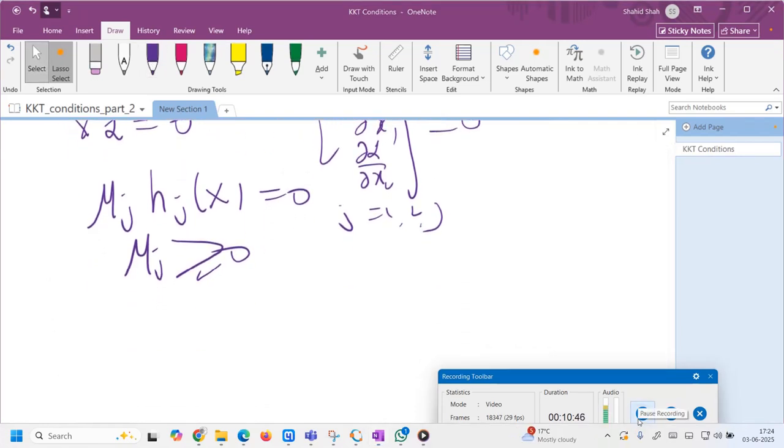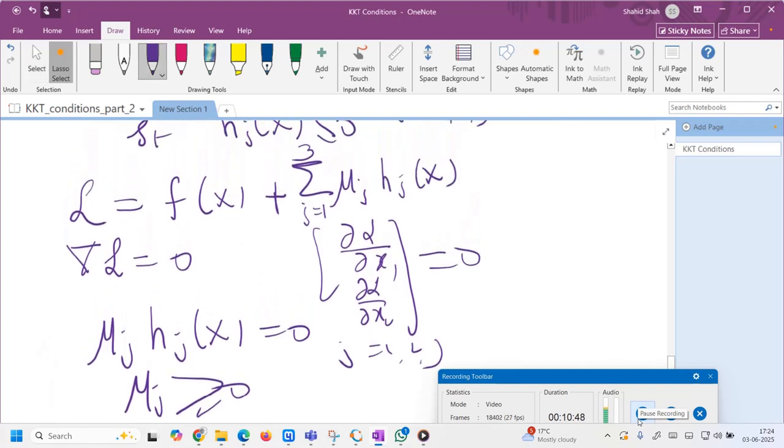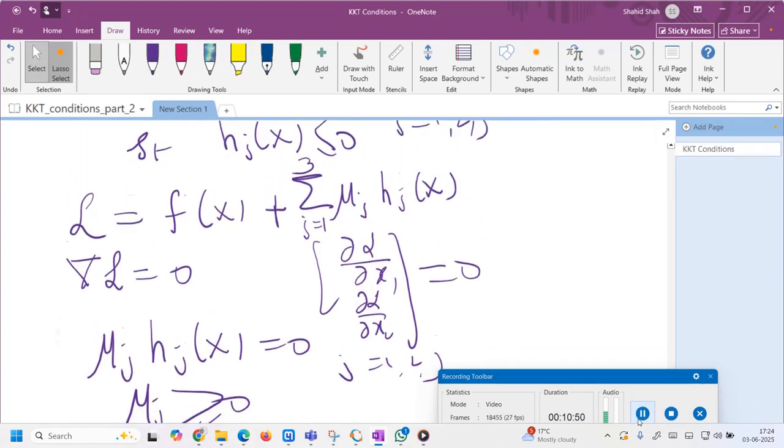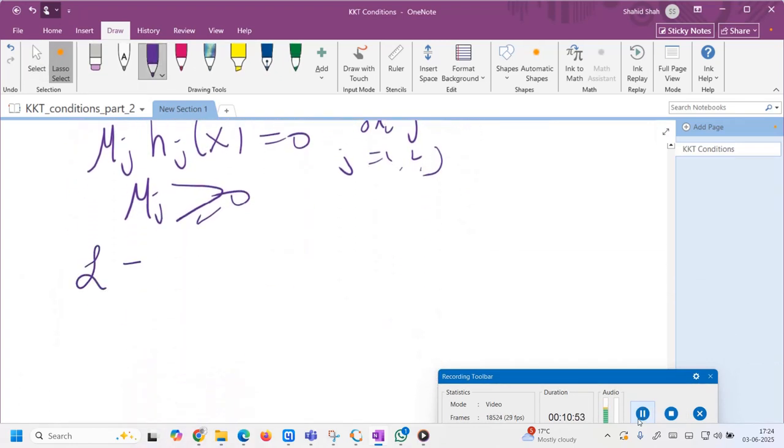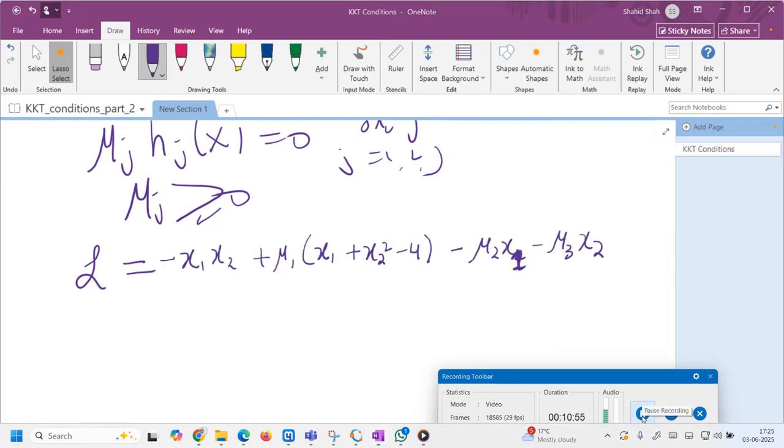What is the partial derivative of this Lagrangian with respect to x1? So let's write first of all this Lagrangian in detail here. So this is how it looks like, right? This is the f of x part, mu1 h1 of x, mu2 h2 of x, mu3 h3 of x, right?